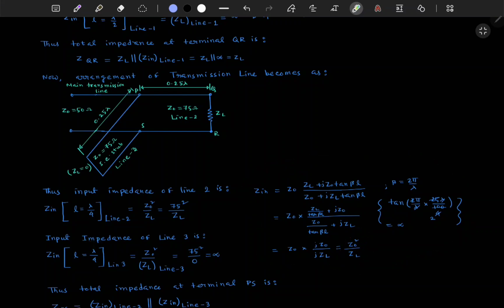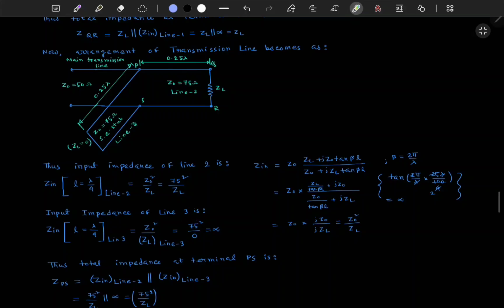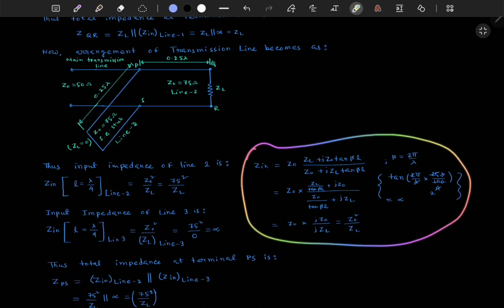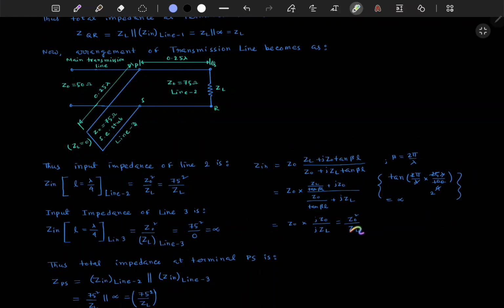Now the input impedance of line 3, okay, input impedance of line 3, this is line 3 which we have calculated here. Okay, this is Z0 square by ZL, so as it is short circuit it is 0, so it will come infinite.